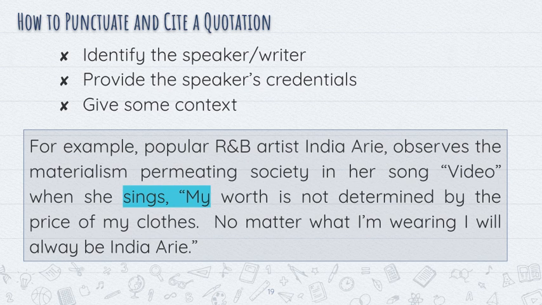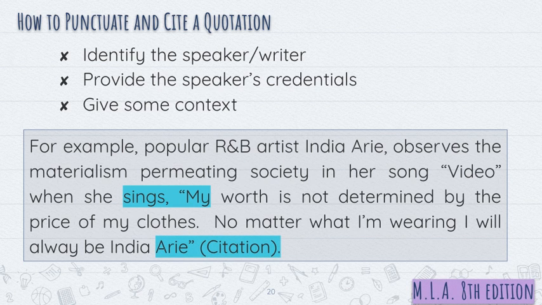You'll capitalize the first letter of the first word of the quotation, even if it is not capitalized in the text that you're pulling it from. And then at the end of the quotation, after the last letter of the last word, you'll end the quotation, space, insert your citation, and then after the citation, you put a period.